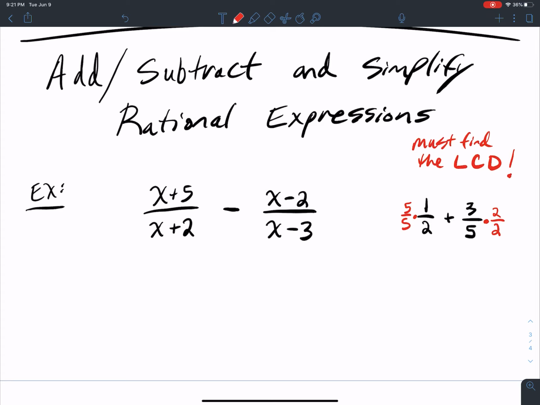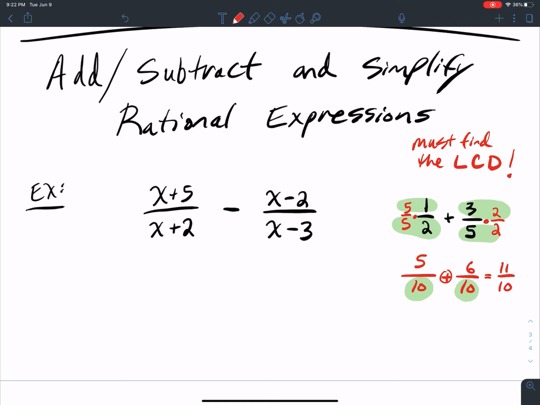That way, when you multiply, 5 times 1 gets you 5 over 5 times 2 gets you 10, and then plus 2 times 3 gets you 6 over 5 times 2 gets you 10. And once you have the same common denominator, then you can combine together. So this is 11 over 10, okay?